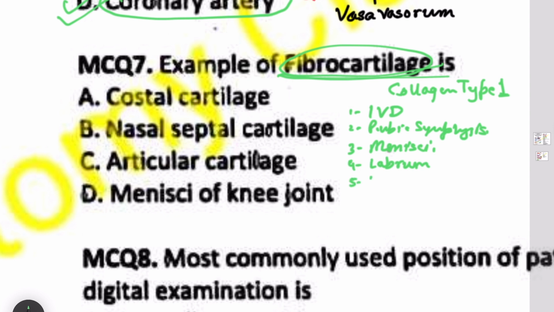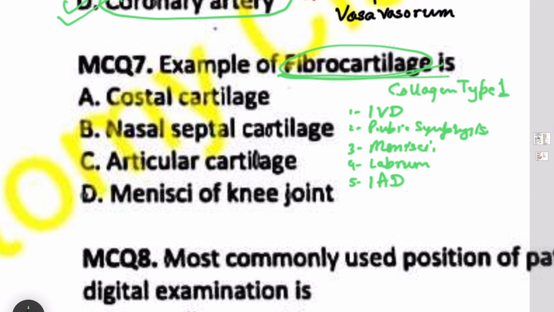And intra-articular discs, like in the sternoclavicular joint, acromioclavicular joint, and many other joints, you have this intra-articular disc, right? And even a fibrous disc separates the ulna from the wrist joint.